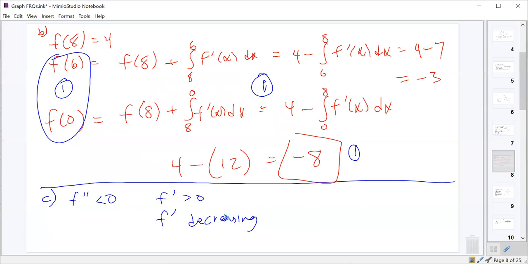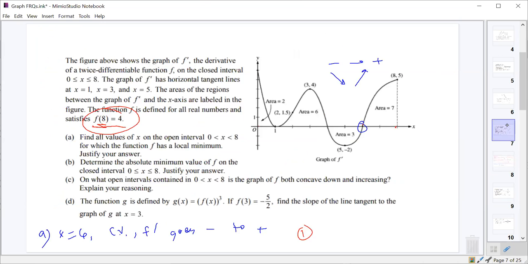So we are looking for places where f prime is both decreasing and positive. So that would be from 0 to 1, decreasing and positive. Then from 3 to 4, we're increasing and positive, then decreasing and positive. It's just 0 to 1 and 3 to 4.